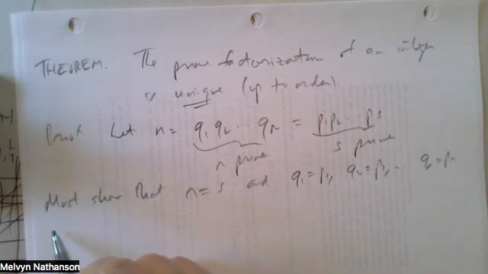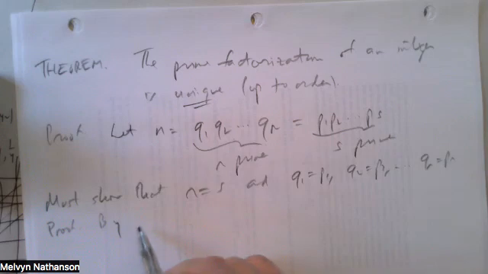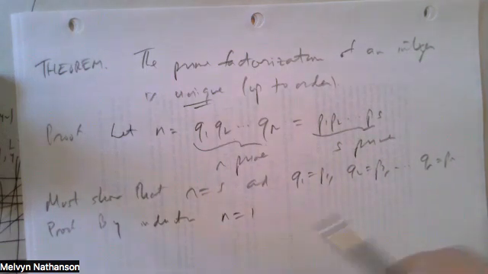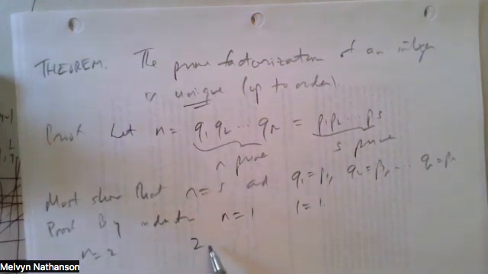So let's prove this by induction. If you take n equal 1, this is a product of no primes. There's only one way to write it, 1 equals 1. If that's too simple, take n equals 2. So 2 is 2.